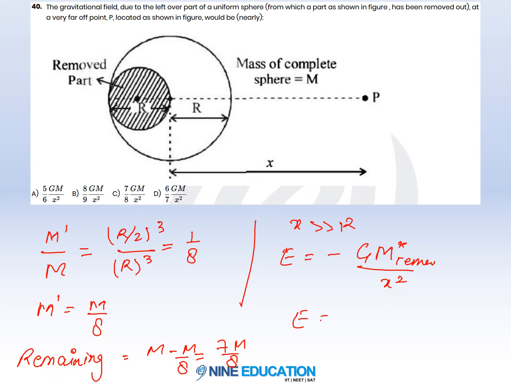So E becomes minus 7 by 8 GM upon x square. If we take the magnitude, we will get E equals 7 by 8 GM upon x square.